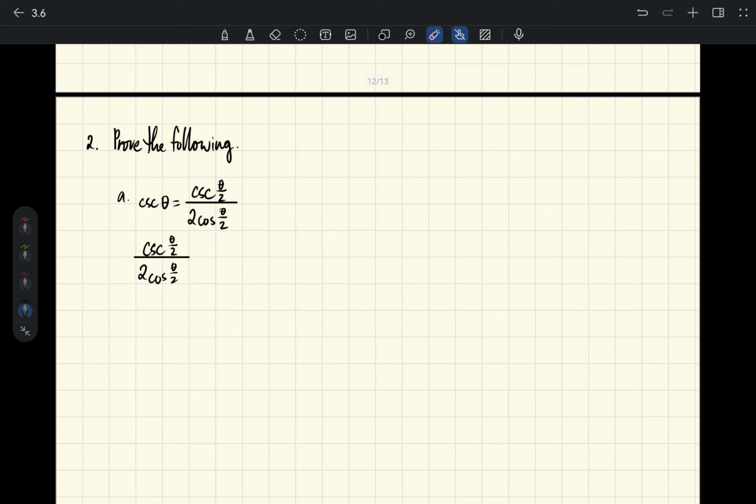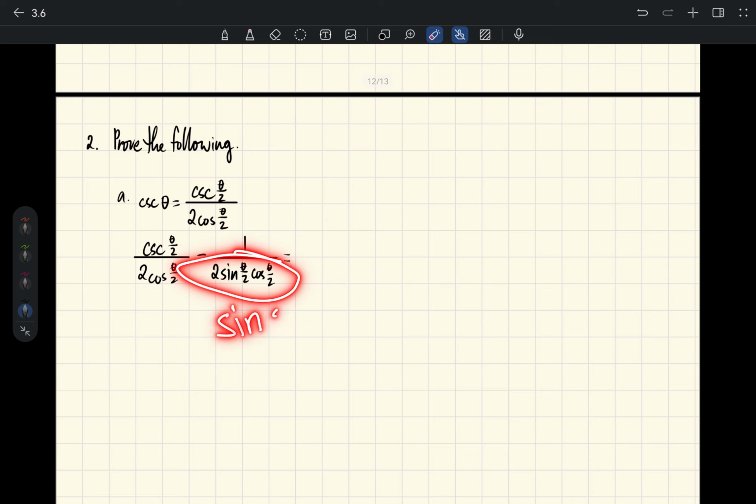I know that right now it's tempting to play with this one right here. However, you can observe that cosecant of theta over 2 is just 1 over sine of theta over 2. So we can bring this down as the sine function to get 1 all over 2 sine of theta over 2 times cosine of theta over 2, which this one right here is just the double angle identity for sine.